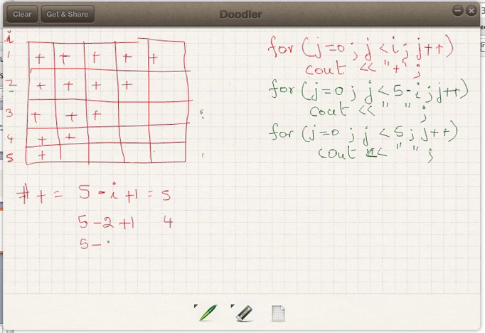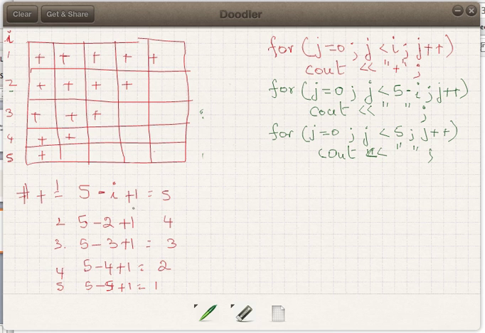Third row 5 minus 3 plus 1, which is 3. 5 minus 4 plus 1, which is 2. 5 minus 5 plus 1 is 1.